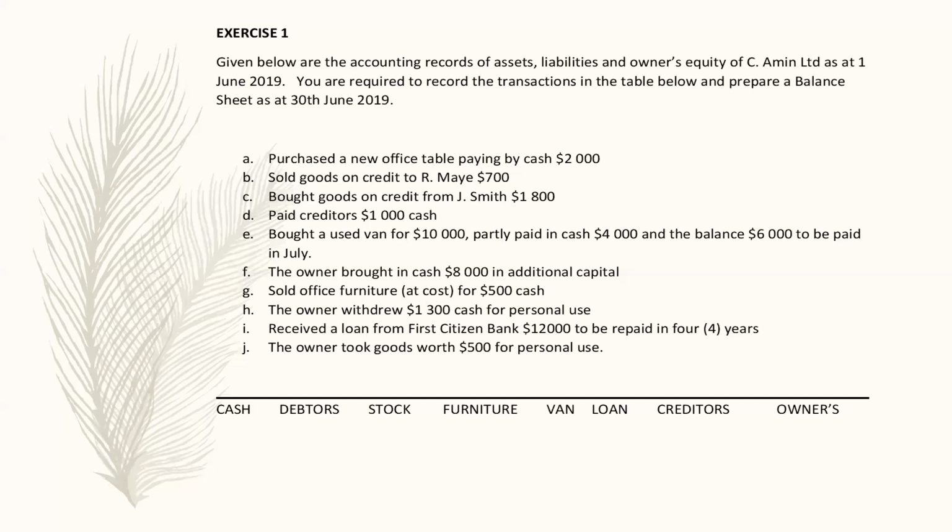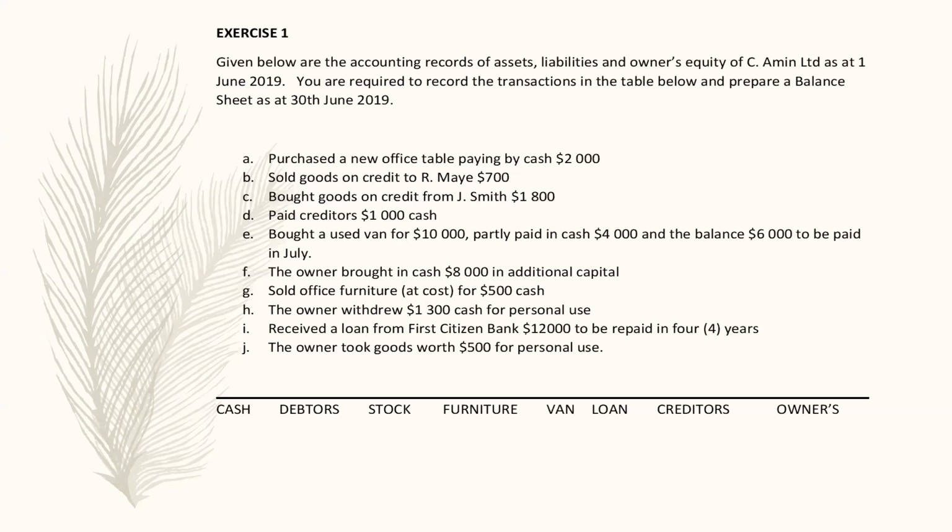The second one, B, sold goods on credit to RMA. If you sold goods on credit, identify the two accounts that are going to be affected. It would be your debtors account and your stock account.